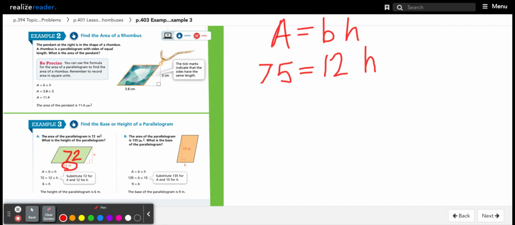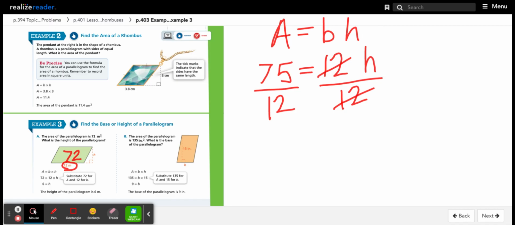Attached to the H right now is a 12 through multiplication. The opposite operation of multiplication is division. So I'm going to divide the right side by 12. Well, if I divide the right side by 12, I also have to divide the left side by 12. 12 divided by 12 cancels. Oops, I'm sorry. I made a mistake here.